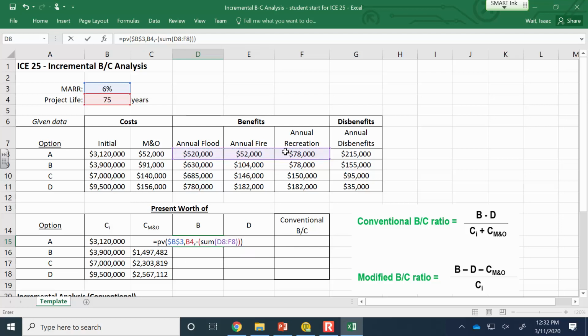So I'm saying take the present value of the total of those 3 things together, and so it's going to be the sum of the flood, fire, and recreation benefits all together.